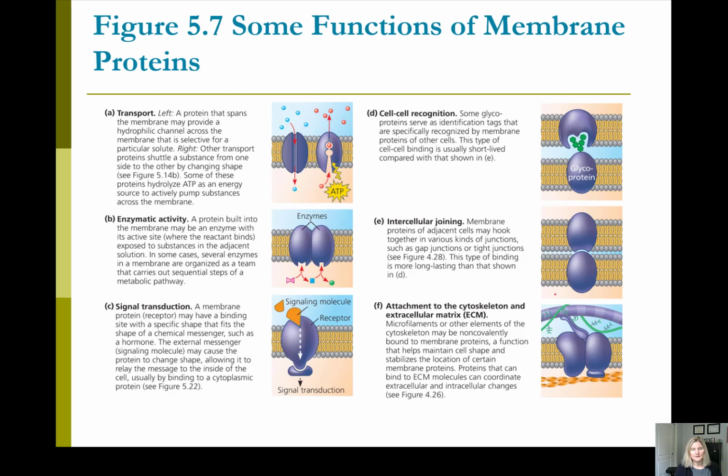We talked about that as part of the cytoskeleton, but it can also help with gap junctions and tight junctions. And then attachment of the cytoskeleton. So that's the extracellular matrix on the outside of the cell membrane. So they can form attachment sites for that.